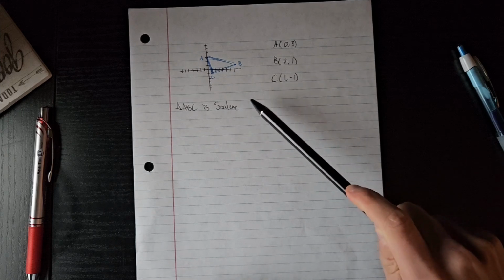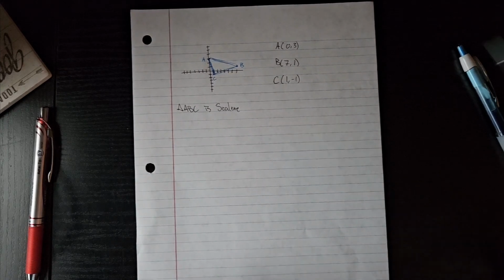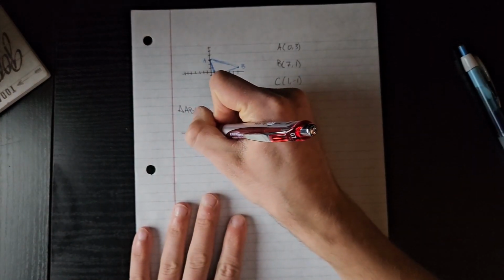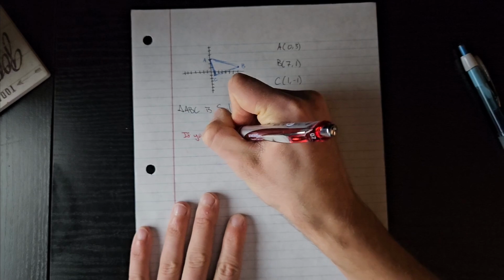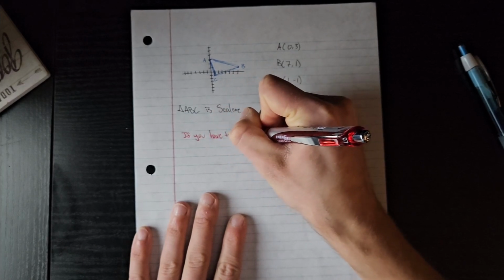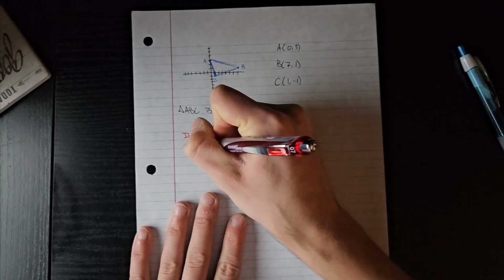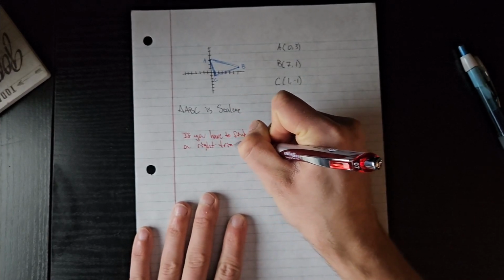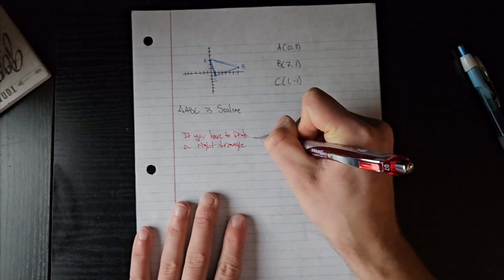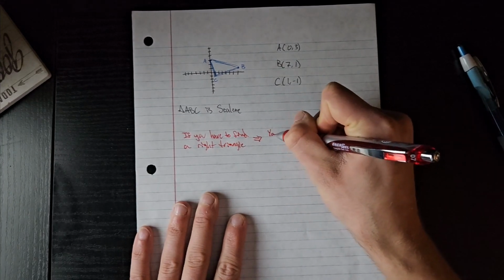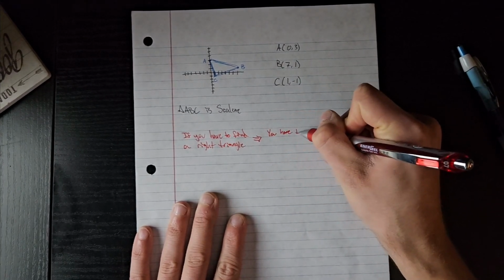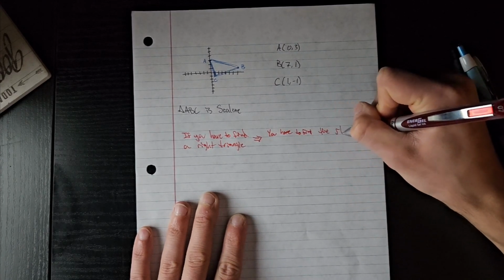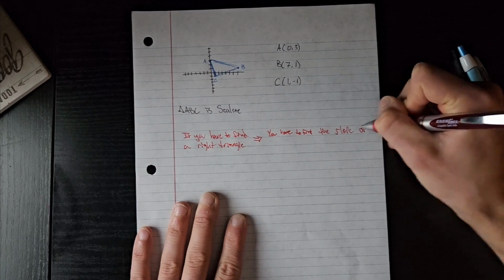If it's asking to determine a right triangle, if you need to find a right triangle, you have to find the slope of each line.